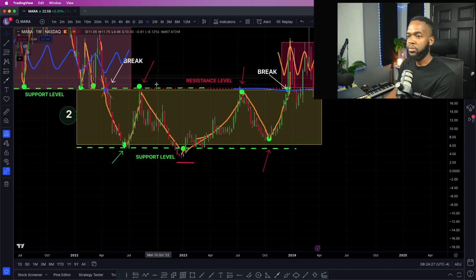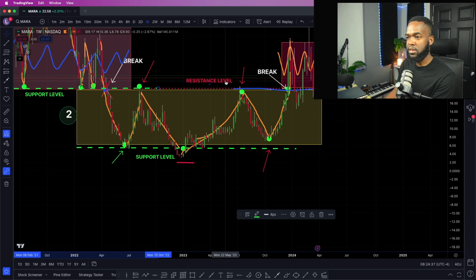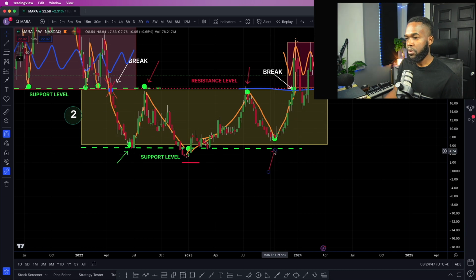And this level that we know was a support level has become resistance. So now we know this is where we should exit our trade. But when we play here, as you can see, price breaks this level and goes higher.